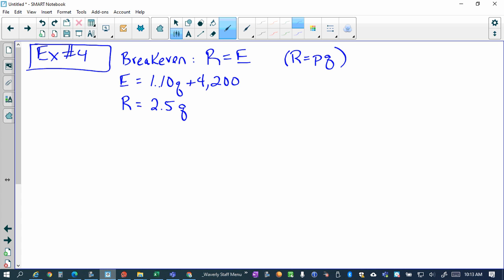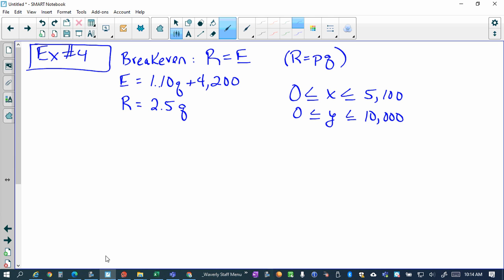So 0 less than or equal to X less than or equal to 5100. And for the Y part, we'll go 0 to 10,000. That's a skill you need to pick up, figuring out what window will make things fit and work for you, right? So let's go in and make that change.